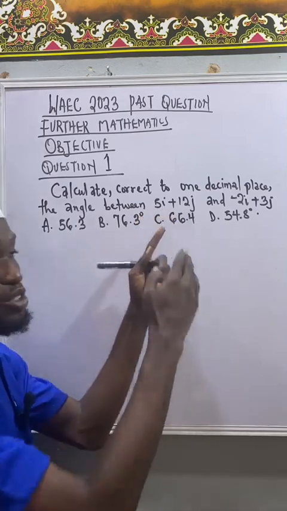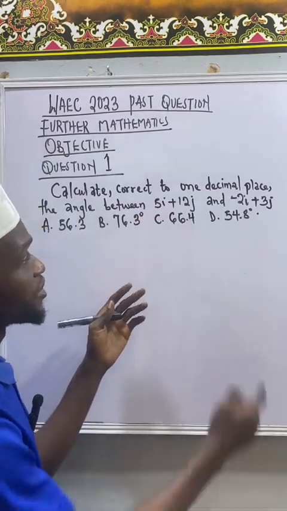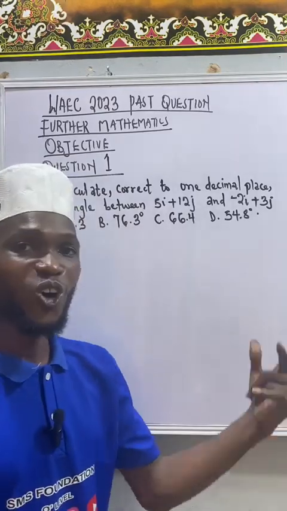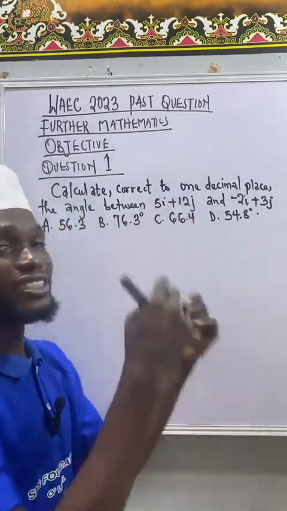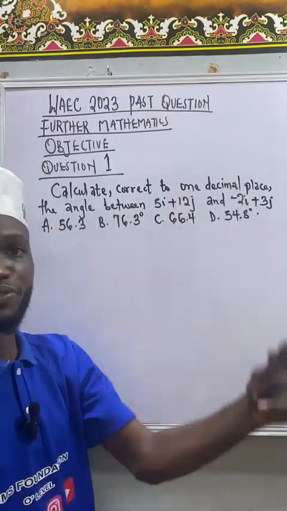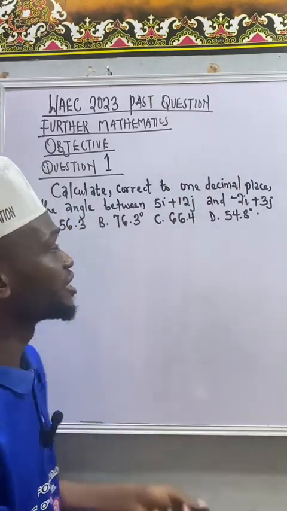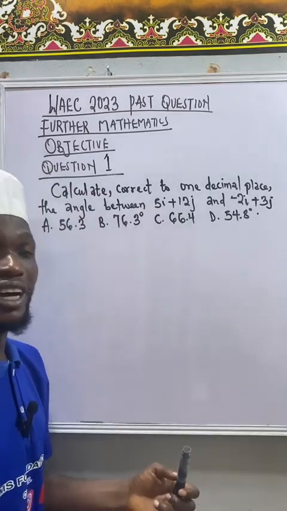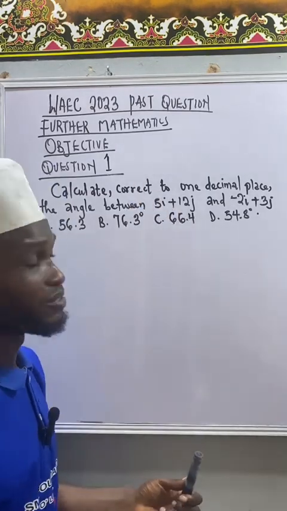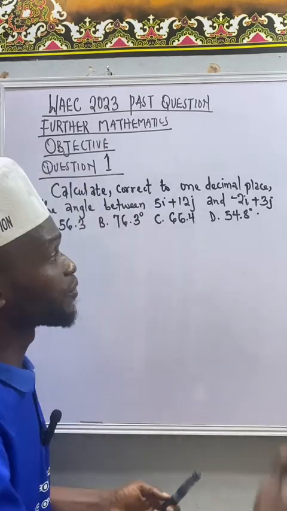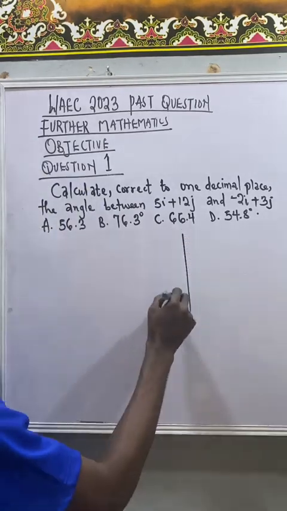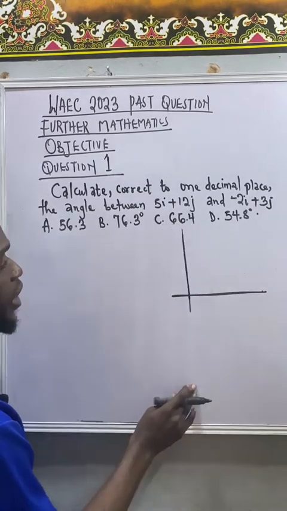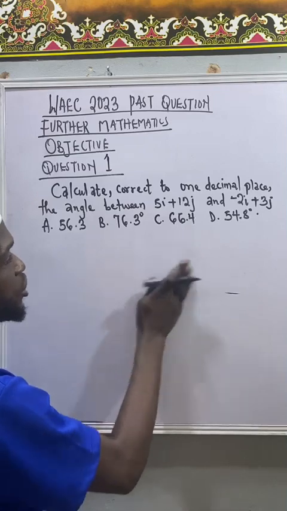This is the component of the vector along the horizontal, while this is the component of the vector along the vertical. i and j represent the unit vectors in the x direction and in the y direction respectively. That is along the x-axis and y-axis respectively. So good. Now back to this question.